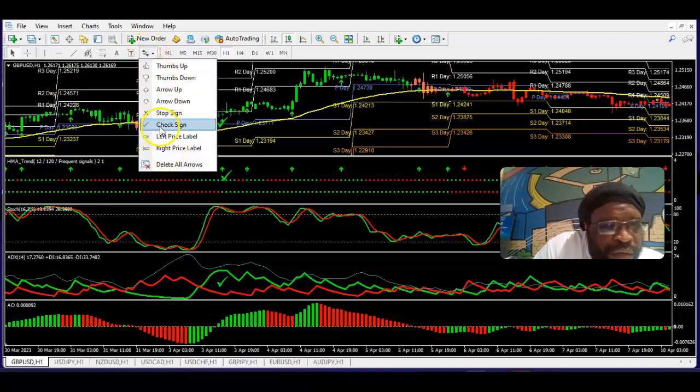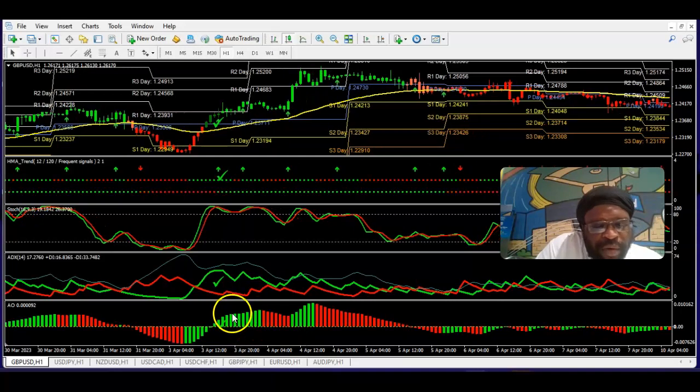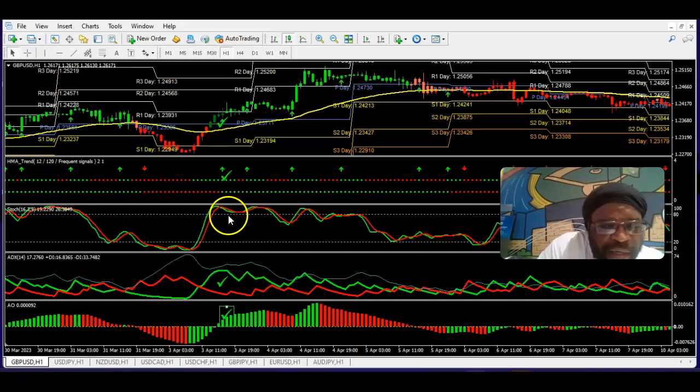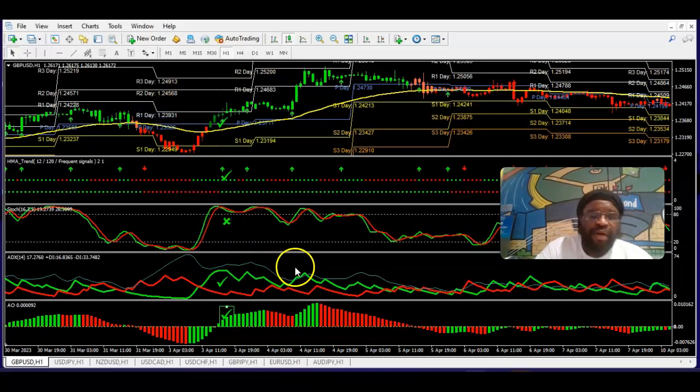Fourth check, green candle, green bar right here. Now for that last check, we'd need this green line to be over this red. This red line is over the green, moving in a downward direction. Therefore, we cannot take this trade.